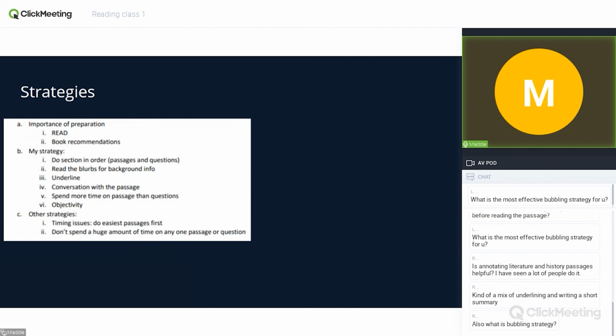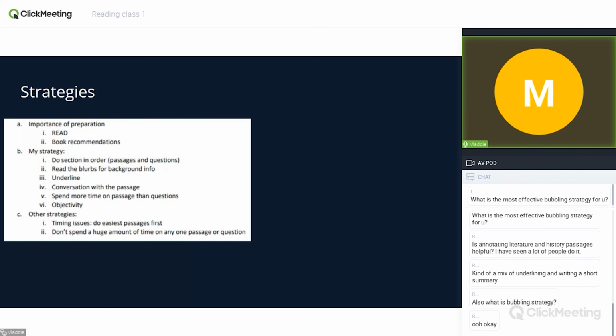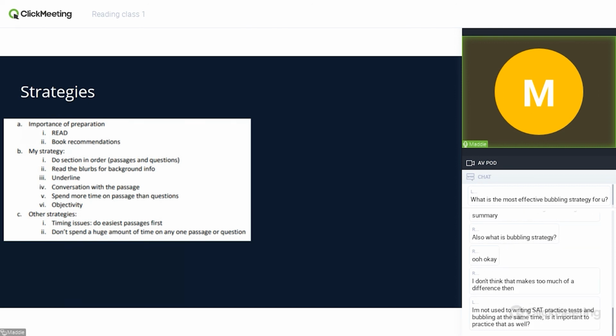I think that's the most common one besides just doing it after every single question, they'll do it passage by passage. I'm not really sure which is faster. I honestly don't think it's that important. Just make sure you don't get confused, because if you bubble in off by 1 all the way through, it's really bad. I don't think it makes too much of a difference.